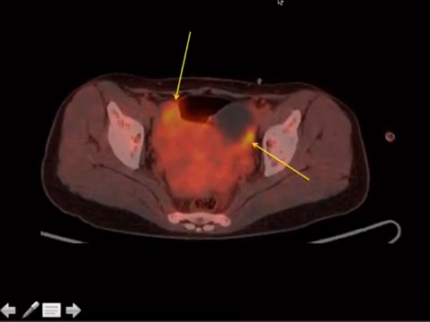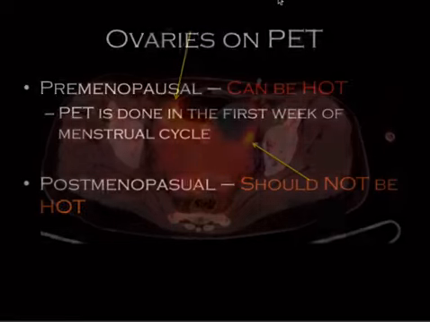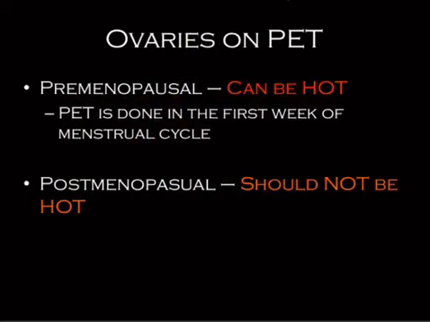Okay, so what about this? What about a PET where you've got ovaries that are hot? There's a cyst there on the left. Is that normal? So, yes and no. In someone who has normal functioning ovaries, they are metabolically active and they can be hot. And this is why you're supposed to do your PET scan in the first week of the menstrual cycle. That would make a great multiple choice test question, because Nukes is full of trivia, right?